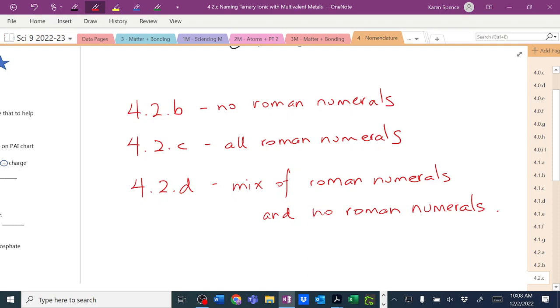So for this one, just in terms of figuring out which the Roman numeral is. Sulfite, when we look it up, it's SO3 2 minus, and we have 3 of them. So we go 1, 2, 3. That means I have 2, 4, 6 as my total negative charge, and these two numbers have to be the same.